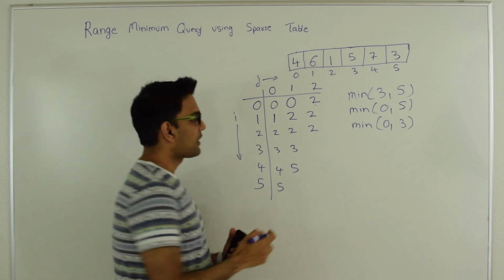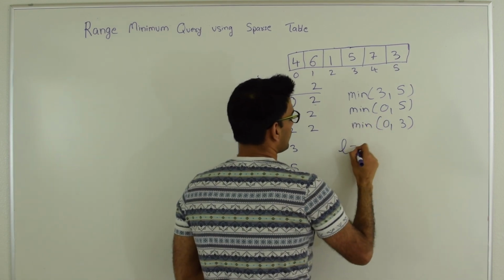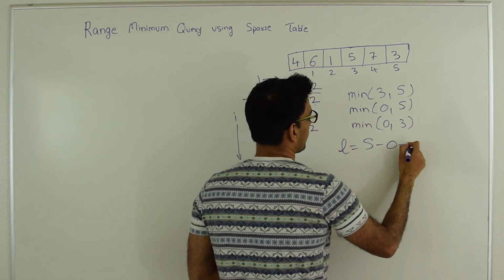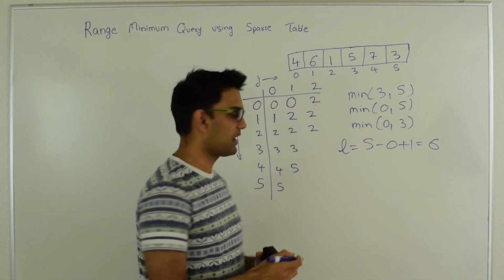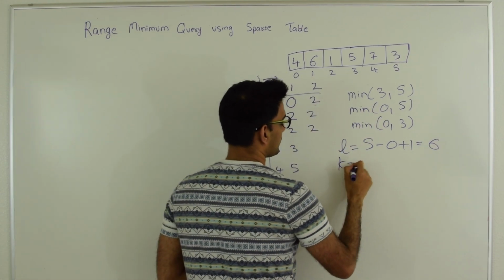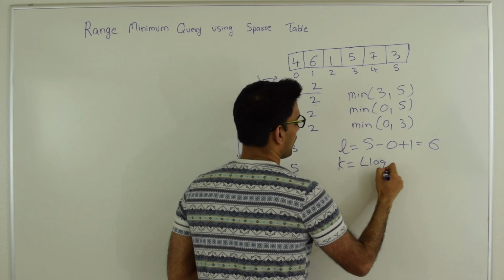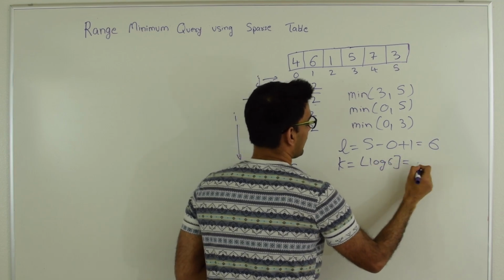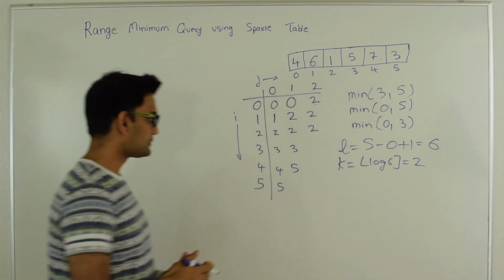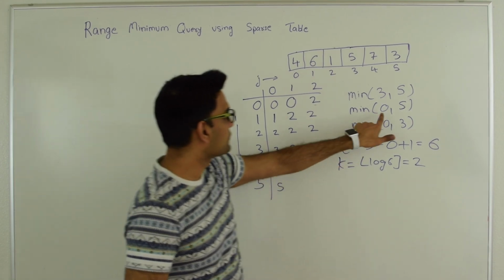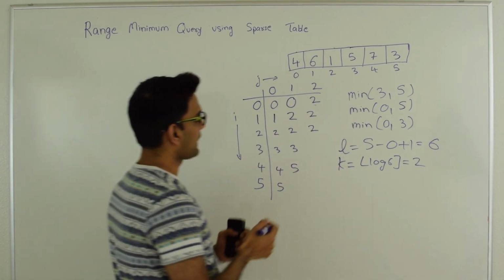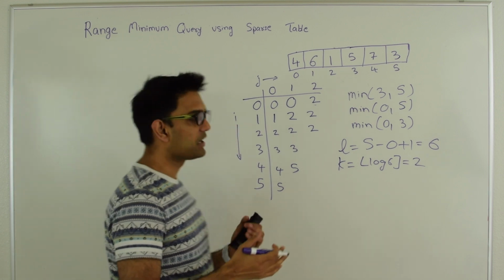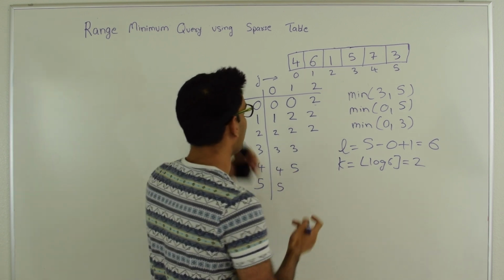How many elements are there between 0 and 5? L is equal to 5 minus 0 plus 1, so total 6 elements between 0 and 5. So K will be the floor of log of 6, and this value is 2. So starting from 0, we are going to look for the minimum of the next 2 raised to K elements.